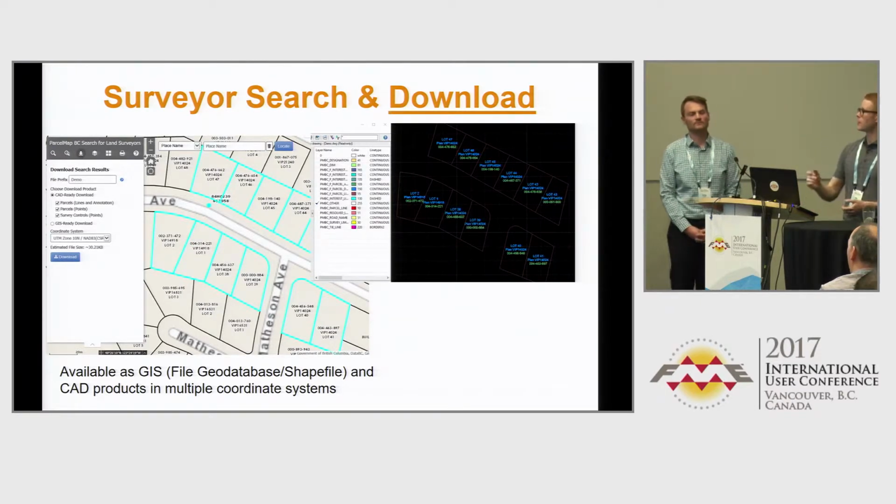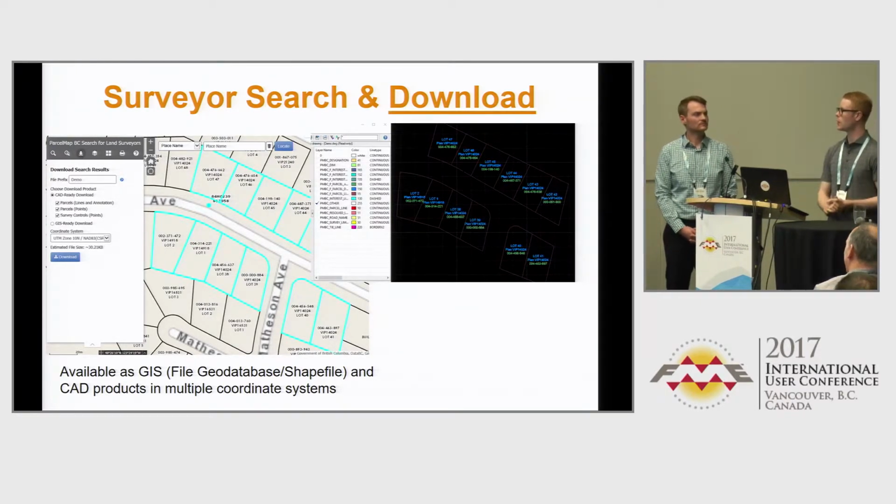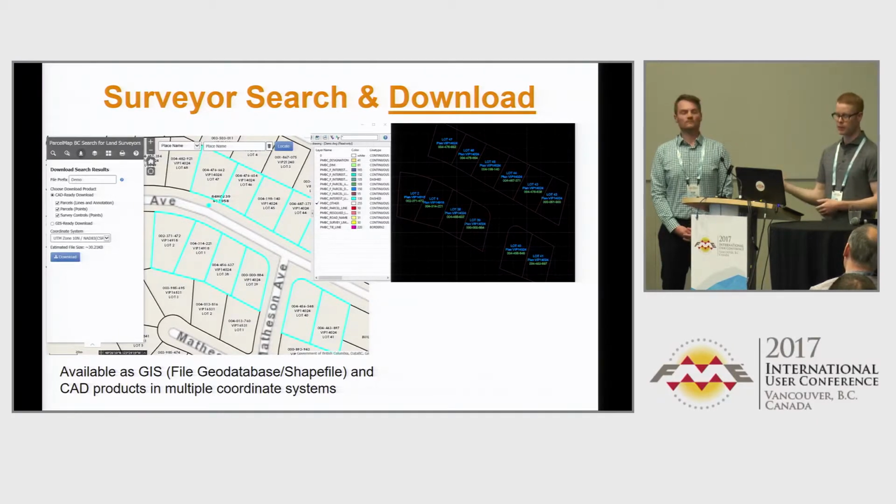So they can come in, get the data from us, get the download in their inbox, take it, start working on it. If you want to subdivide some parcels, whatever work needs to be done that Brian's team is responsible for, this is their baseline. So they don't have to go back to original source, request data from somewhere else. They can get the latest up-to-date data from our system, modify it based on their new plans, and then resubmit to us.